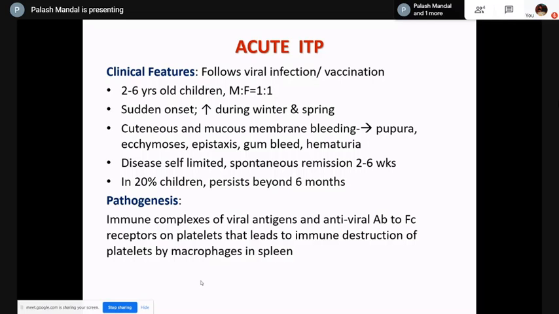So immune destruction of the platelets and eventually the engulfment by the macrophages in the spleen. The spleen, as we have told you, is the graveyard of the cells in our body, mostly the hemopoietic cells, and that function is done by the macrophages which reside in the spleen in large numbers.